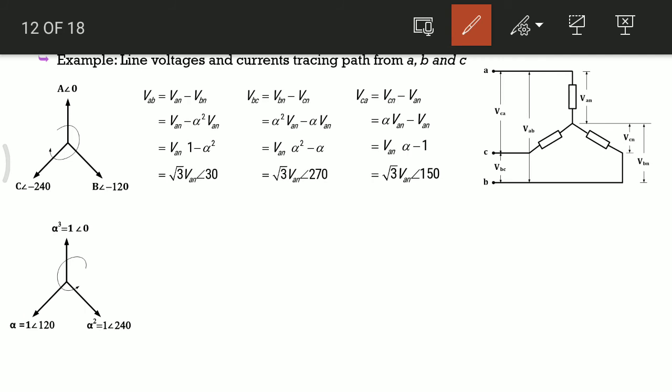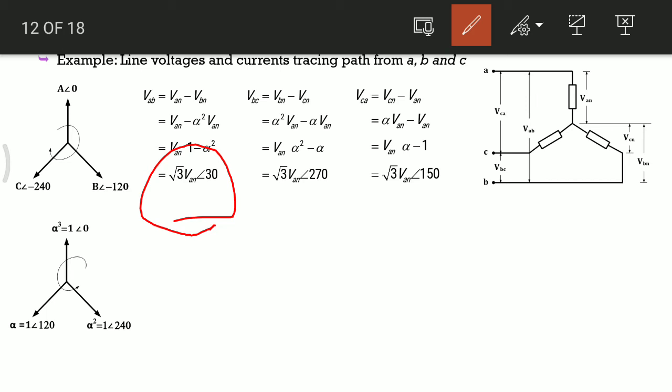So how can we calculate the value of 1 minus alpha square? You need to first put the value of alpha square in rectangular form, do the mathematical calculation, then convert again into polar form, and then you will get this value. So do it yourself, how we come to this value of 1 minus alpha square.